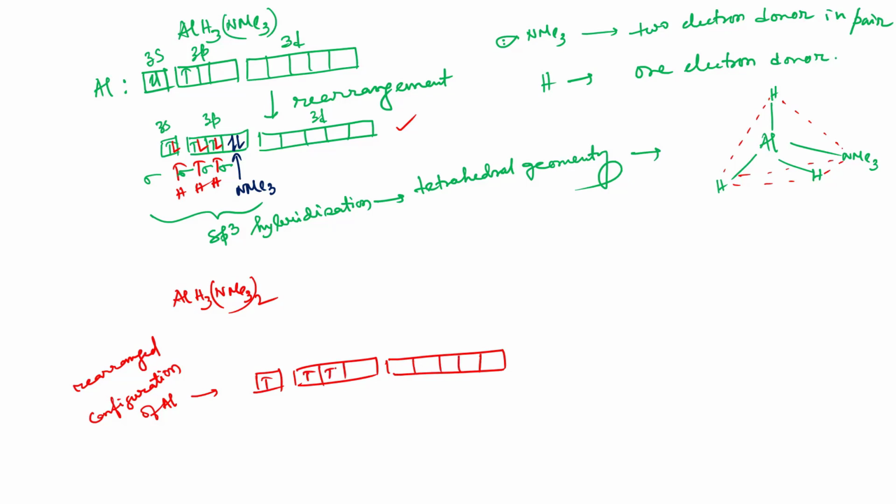This is the hypothetical rearranged configuration where s has 1, p has 2 and 3d has no electron.